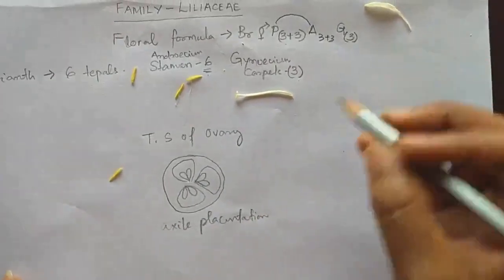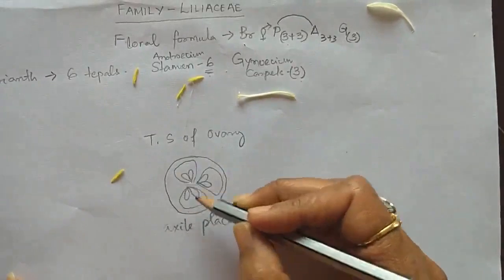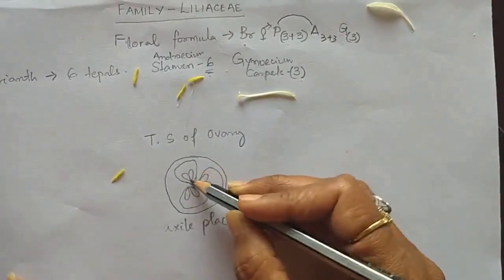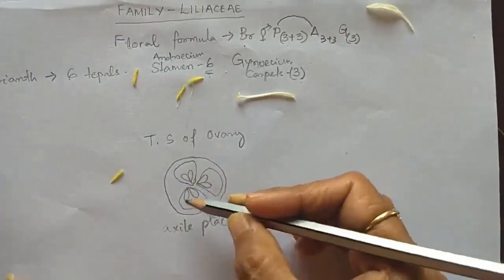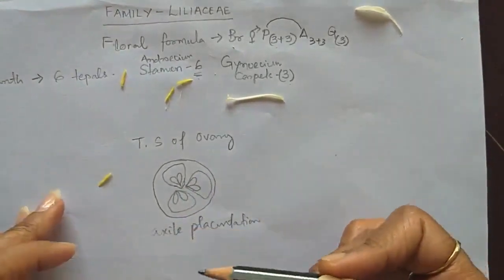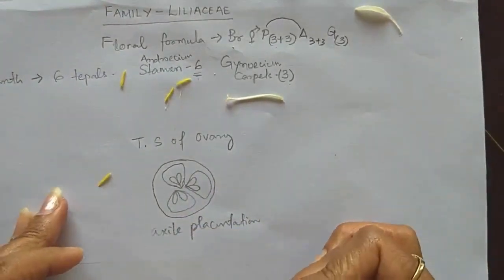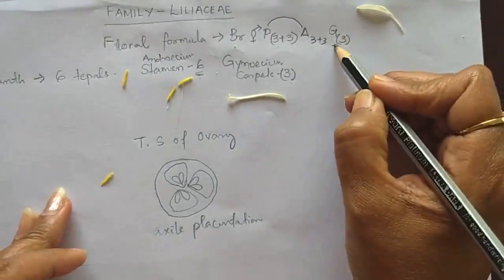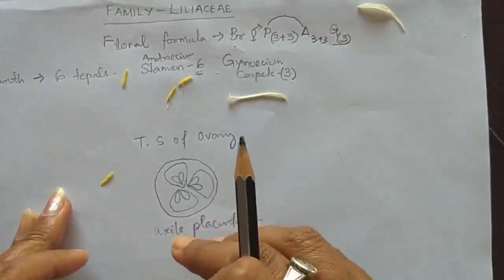As you can see, trilocular syncarpous condition here in this section under the dissecting microscope. You can observe it carefully. As it is a superior ovary, you can put an underline.